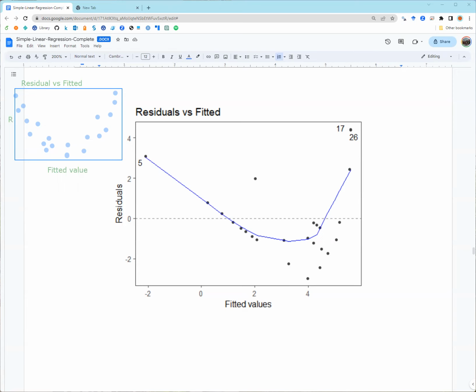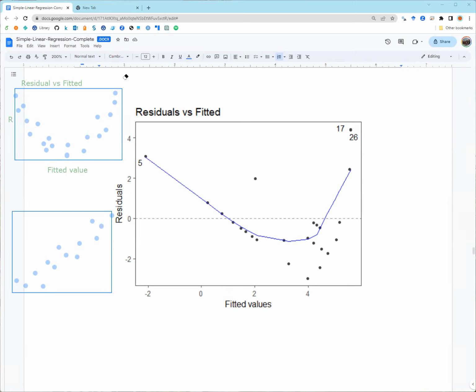Another way it would be violated is any way in which the fitted values would be predictive of the residuals. So another way, it could be a straight line relationship in here. This would also violate the independence assumption if the fitted values were predictive of the residual values.